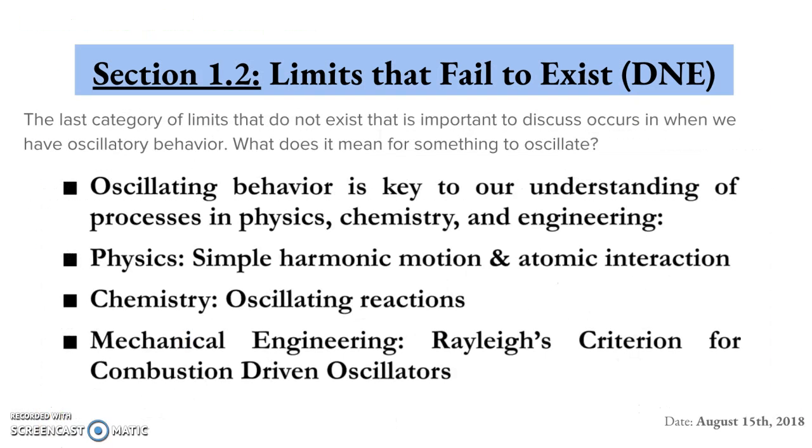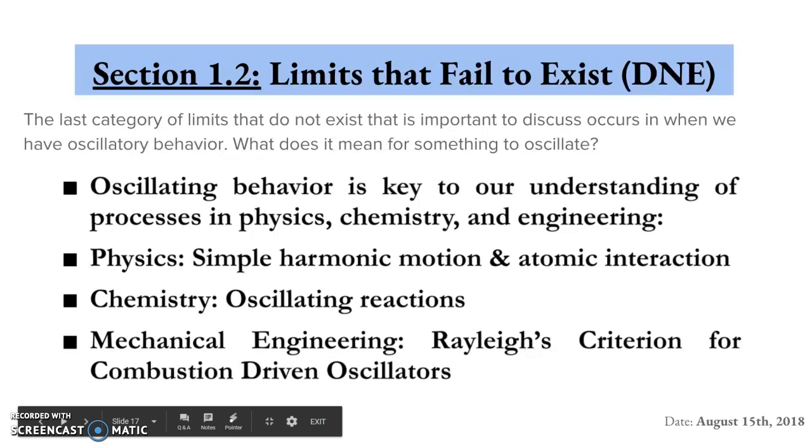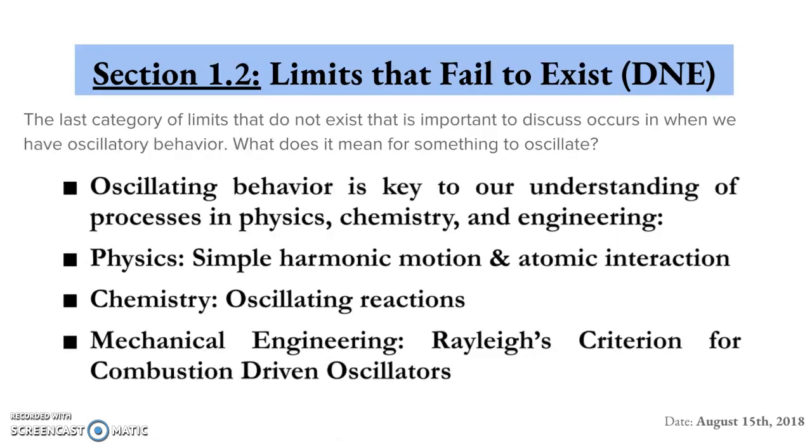All right, we've got one more category of behavior that we want to talk about for where limits don't exist. And this one is in many ways the most unique of the different trends that we look at. This deals with oscillatory behavior. This is when you have graphical behavior that moves back and forth in a continuing motion and never rests in one position, or never can be tracked down to one position at a given location.